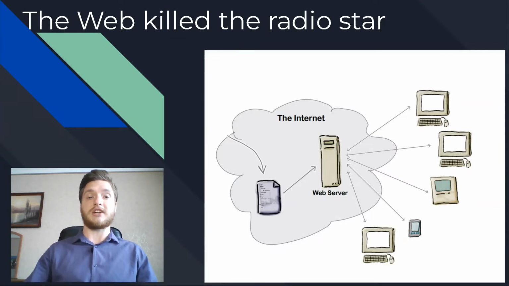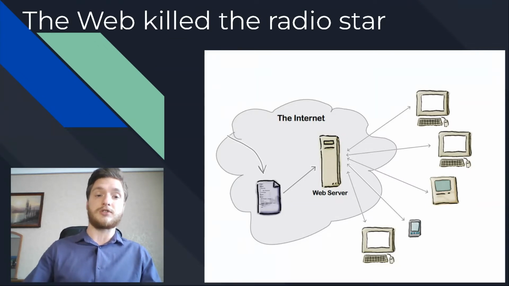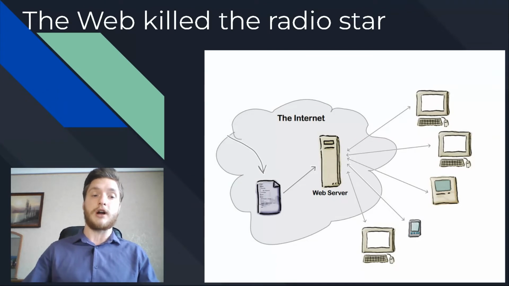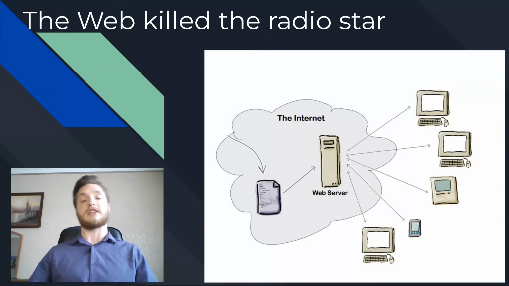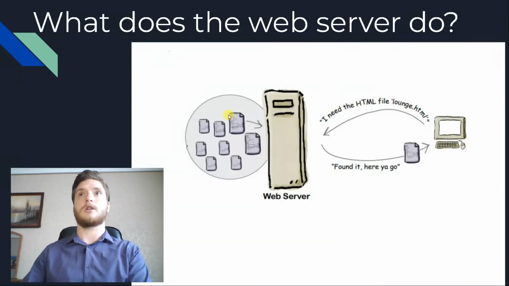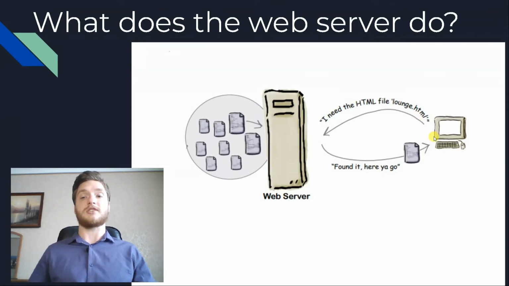The server is just a computer connected to the internet, waiting for requests from browsers. Each server stores HTML files, pictures, sounds, and other file types. Browsers make requests for HTML pages or other resources like images. And if the server can locate the resource, it sends it to the browser.